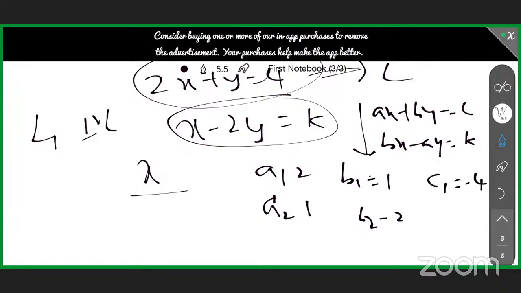C1 is minus 4, C2 is minus k. B1 C2 minus B2 C1 is minus k minus 8.